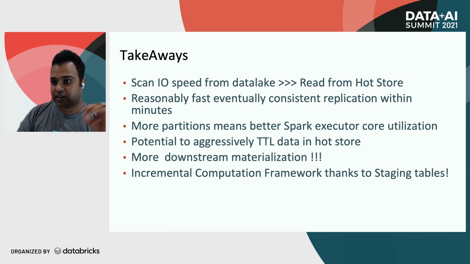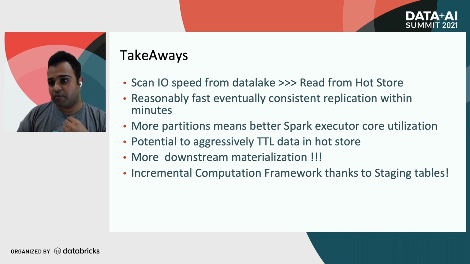By trading off minutes instead of instantaneous seconds, we are able to reduce the cost by a massive volume. More partitions means better Spark executor utilization. We just saw that in action in the previous slide. This also gives us a lot more ability to aggressively remove data in the hot store. What data do we actually need? Can we remove it more aggressively?